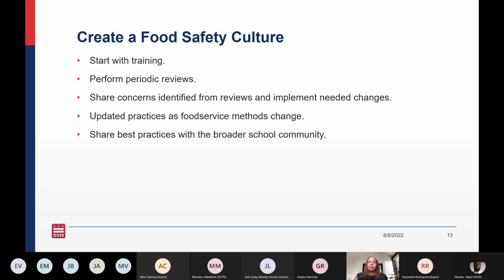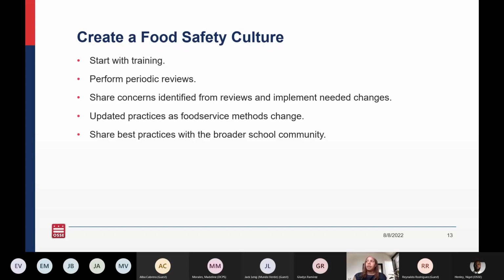So now that we've talked about some things where food can become unsafe, how do we create a food safety culture? As mentioned before, it all starts with training. Again, this can be done at the beginning of the school year, to set the pace and the understanding of how important food safety is and the measures that staff can take to ensure that the food is safe.